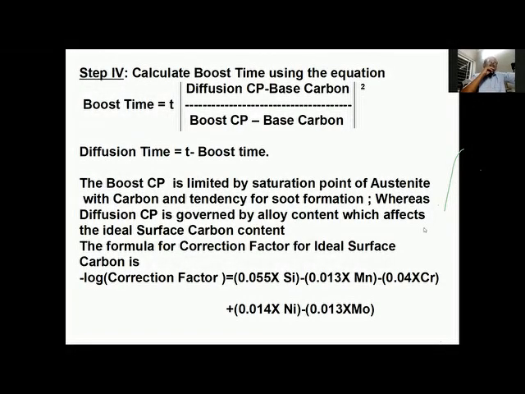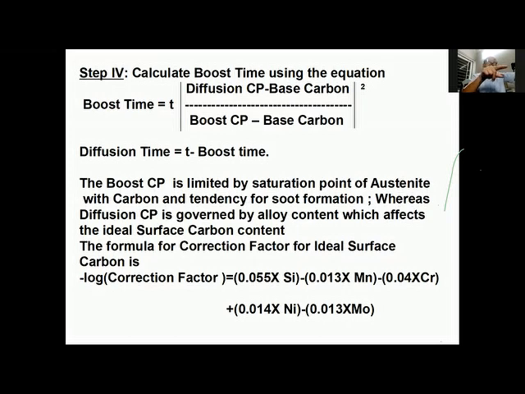Now if we know that, okay, we will need, let's say, 3 hours to achieve a particular case depth, then we'll have to split it between boost time and diffusion time. That is calculated as given in the upper equation.